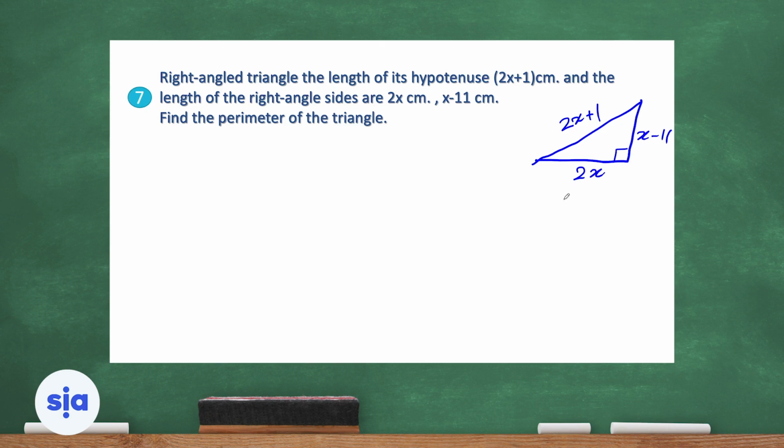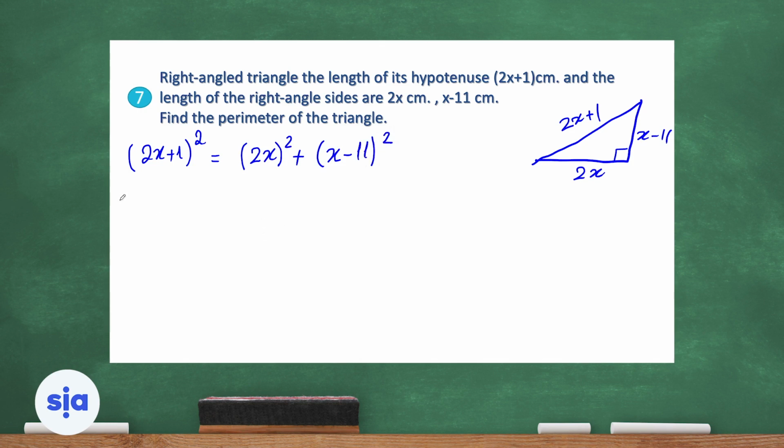Now, given that it's a right angle triangle, using Pythagoras, I will know that 2x plus 1 all squared equals the two legs squared plus each other. A squared plus b squared equals c squared.